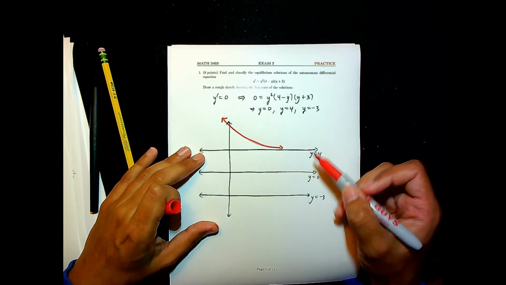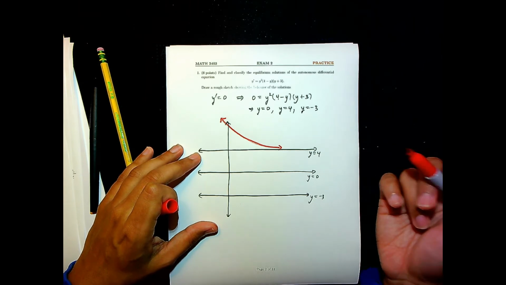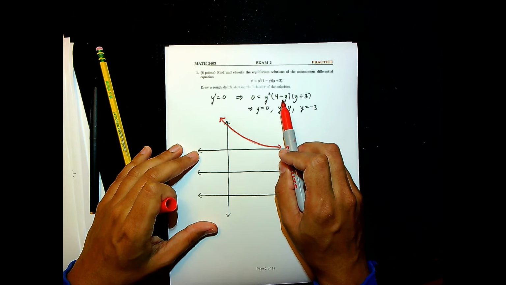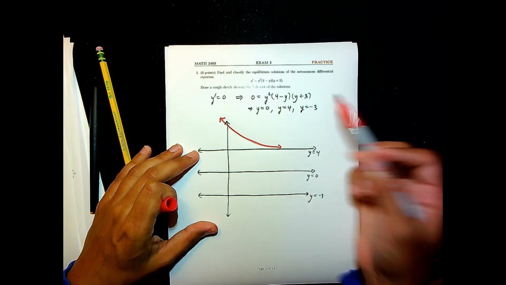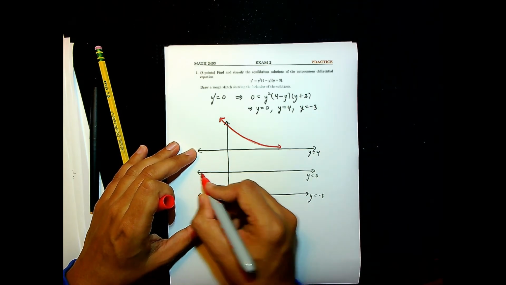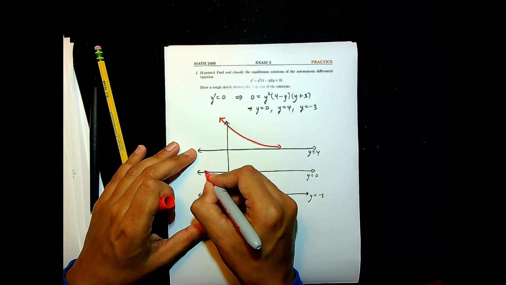Now, if you plug in a number between 0 and 4, let's say 1, for example, then this is going to be positive, this is going to be positive, because 4 minus 1 is 3, and then this is positive. So three positives gives you positive, so that means solutions in this area are increasing, they have positive slope. So they might look like this.